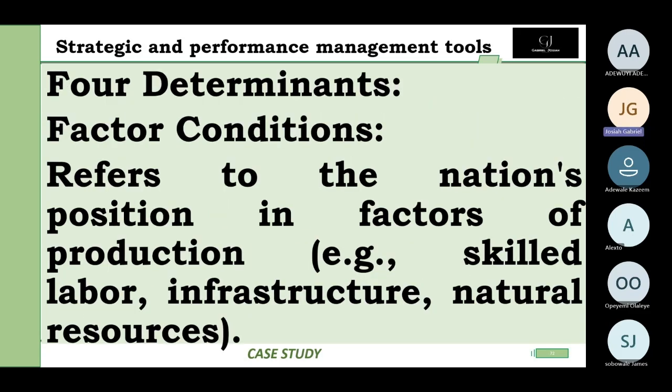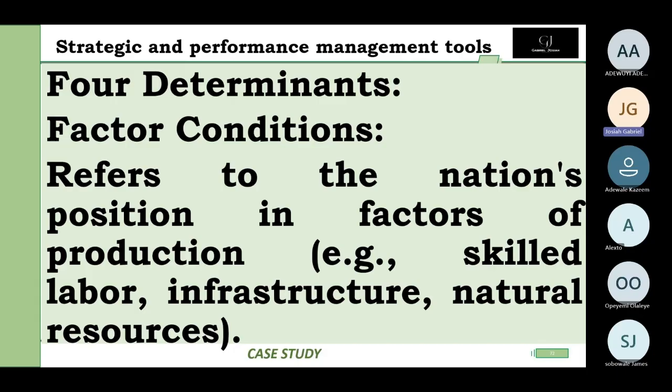And the 4 determinants speak to number 1, factor conditions. Factor conditions refer to the nation's position in factors of production. In economics, those days in secondary school, they taught us the factors of production. And it resonates here, talking about skilled labor, infrastructure, natural resources.